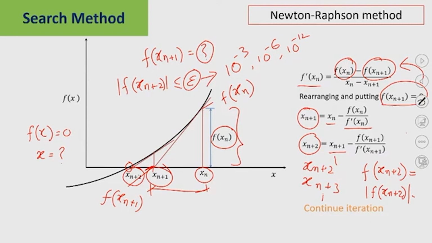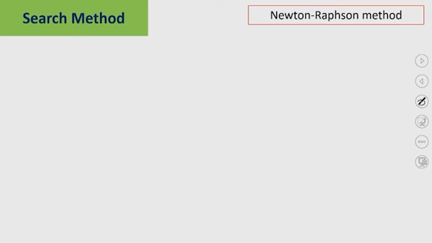Now, I can apply the same technique for finding the optimal solution of a function. How can we do that? In case of an optimization problem, the first derivative should be equal to 0. In a root finding problem, the function value is equal to 0, but in this case the first derivative is equal to 0.